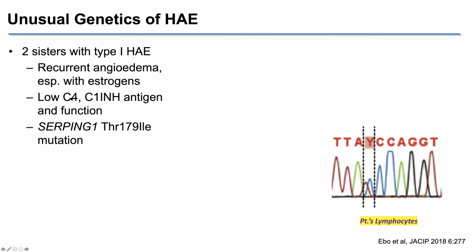They had low C4, low C1 inhibitor antigen, low C1 inhibitor function. They genotyped these patients, and what you can see is that there was a mutation right here that converted a threonine to an isoleucine. So everything is copacetic, there's nothing really to report. And remember, it's 2 different sisters.